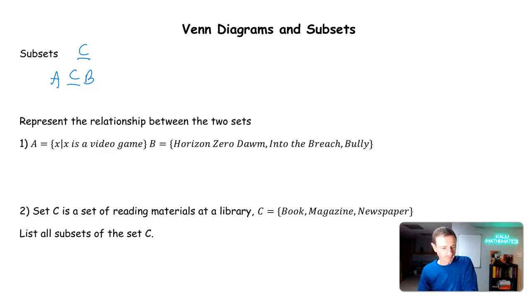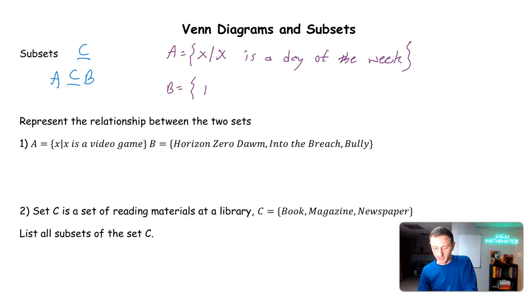So for example, let's say a set A of X such that X is a day of the week. And let's call the set B Friday and Monday. So 2 days of the week.